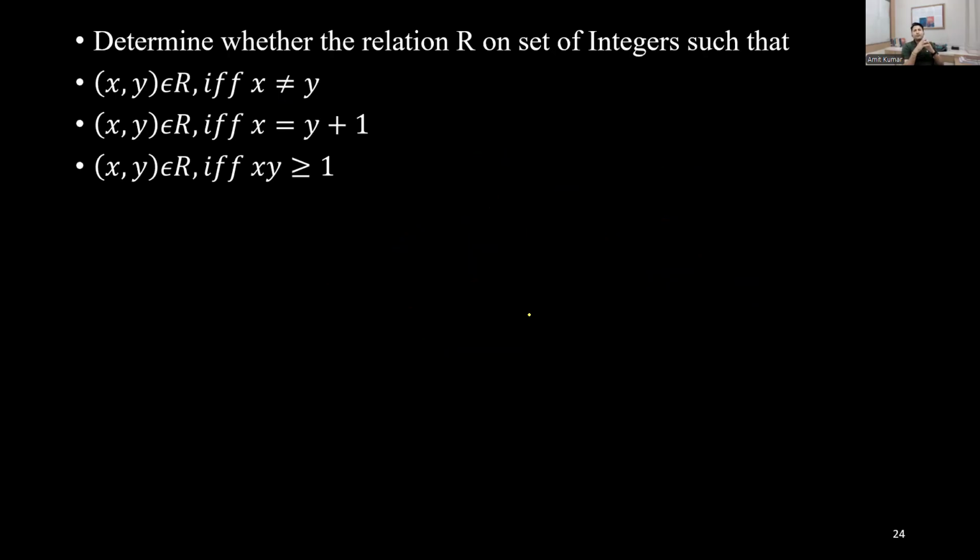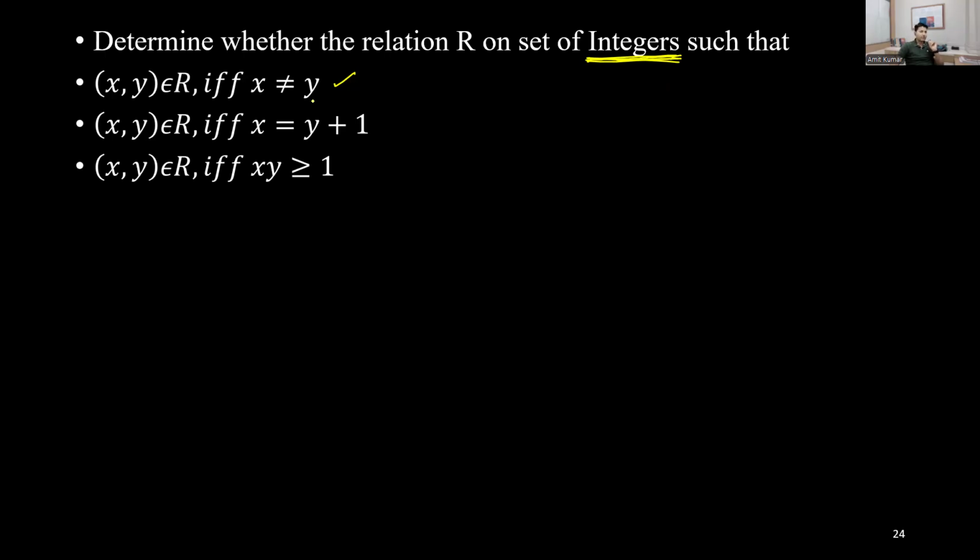Moving ahead, there are a few more examples to check whether these relations are partially ordered or not. So the first one is what? We are taking the set of integers. It's not given positive or negative, only integers. And R is a relation defined as this. So the first one is what? (x, y) belongs to R if and only if x is not equal to y.